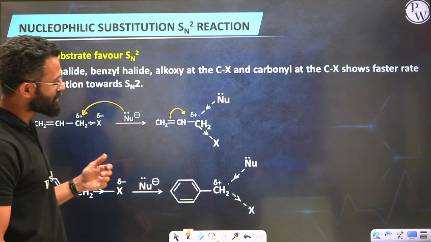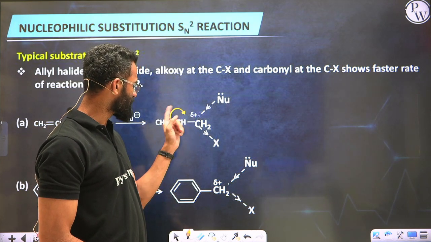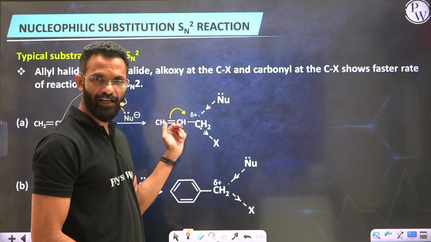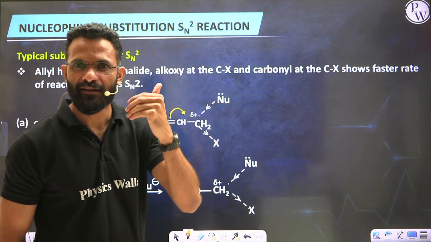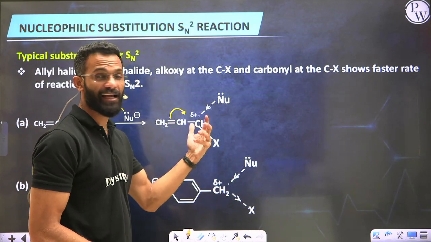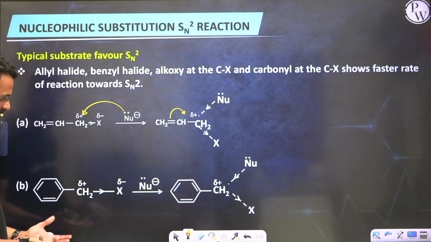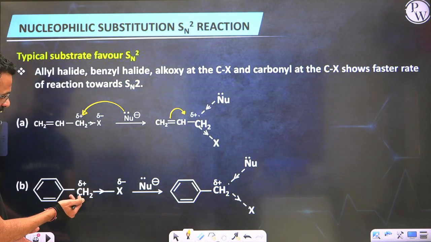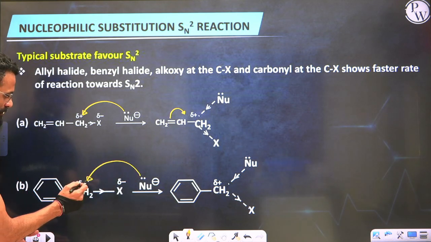And the more contributing reason: at the transition state, the deficiency at the carbon is partially stabilized by the partial delocalization, which decreases the energy of the transition state and makes it relatively more stable. So the energy of activation decreases and the product can be obtained faster. The same thing happens here. There is a delta plus charge at the benzylic carbon because of the electronegativity of the halogen when the nucleophile approaches.